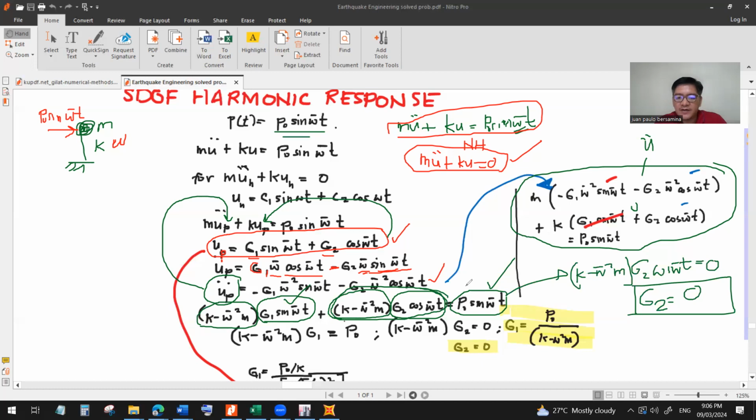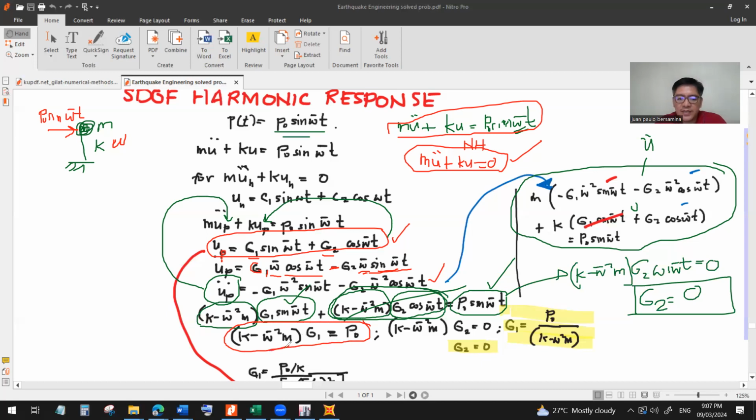Then this is eliminated. So what remains is this one and this one. And since sine omega bar t is common, it will cancel out. So what remains is this one. k minus omega bar square m times G sub 1 equals P sub 0.